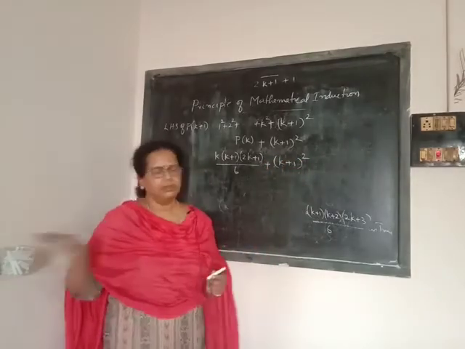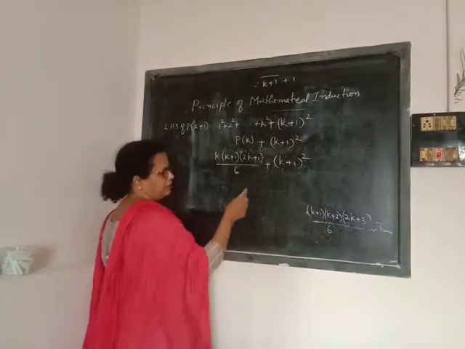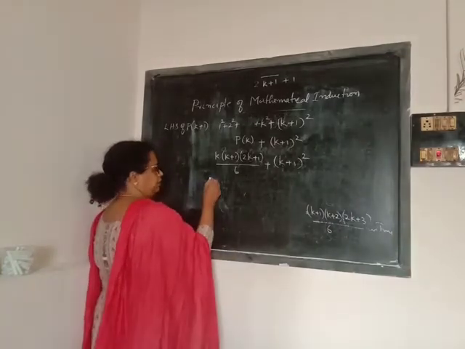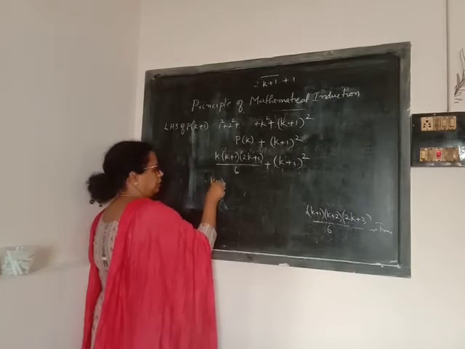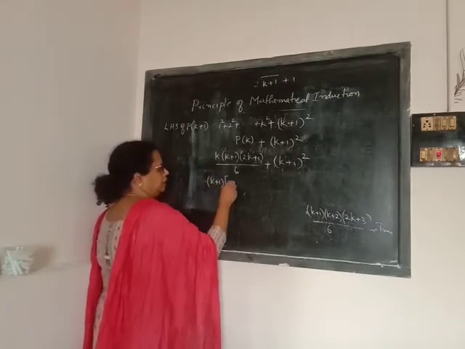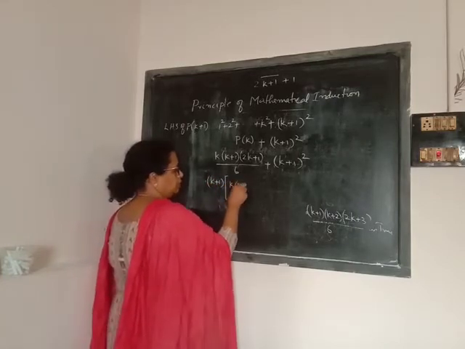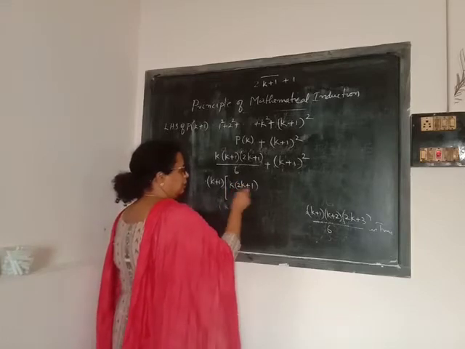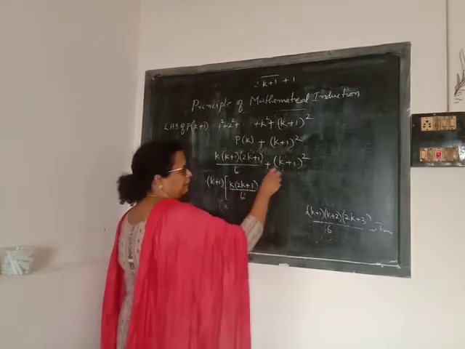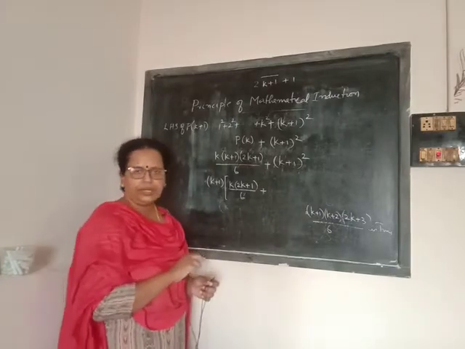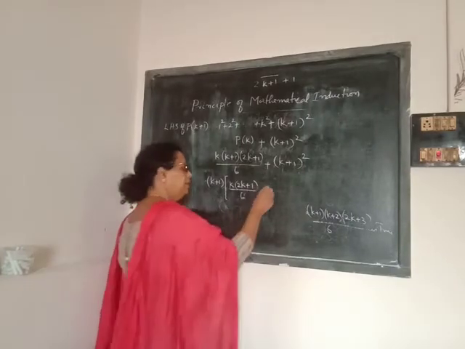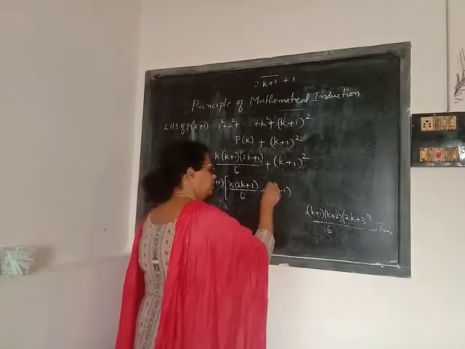Here also we can take k plus 1 outside as common factor. Take k plus 1 outside. K plus 1 into what will remain? K into 2k plus 1 by 6 plus, from k plus 1 whole square we took 1 k plus 1 outside, so it will remain 1 k plus 1. Isn't it?